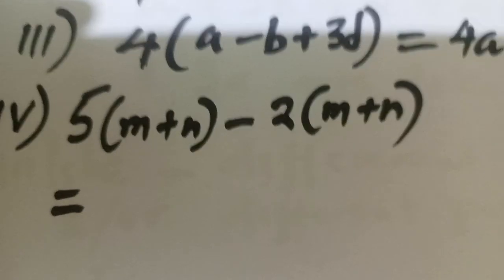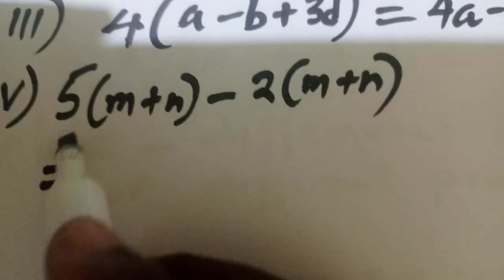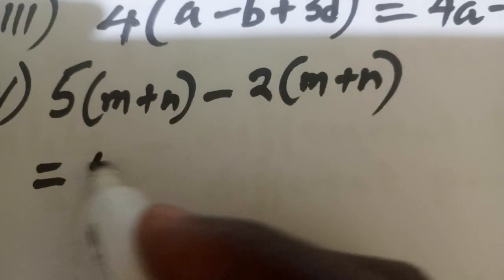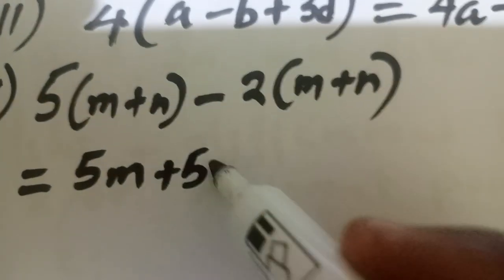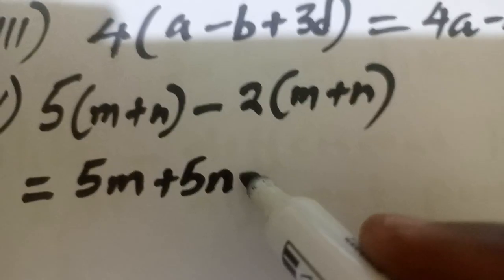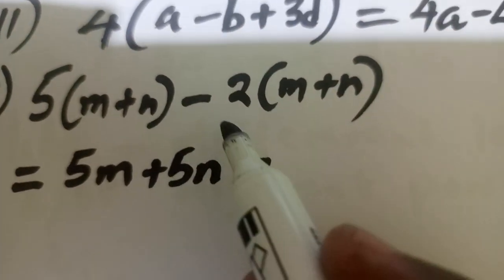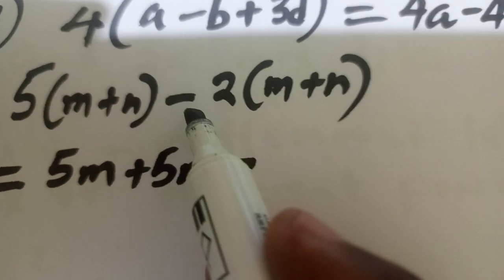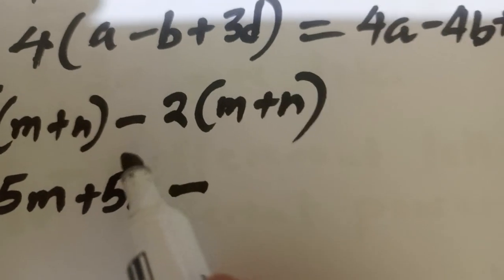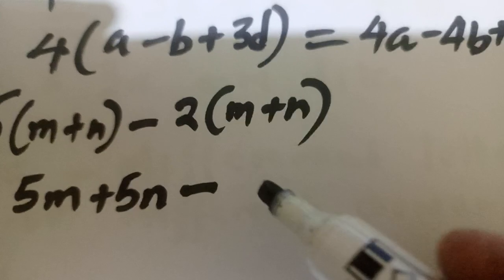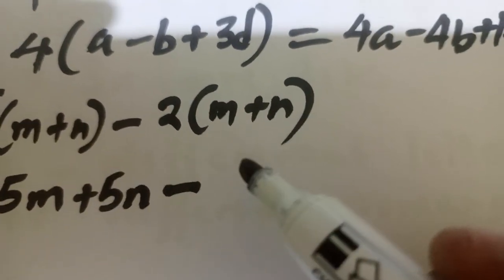Again, to remove bracket, it will be 5 multiplied by m, that gives us 5m, then 5 multiplied by n to give us 5n, then minus. Be very careful, when there's a negative you have to be very careful, because a negative has an effect of altering the sign when it is used to multiply any other number.